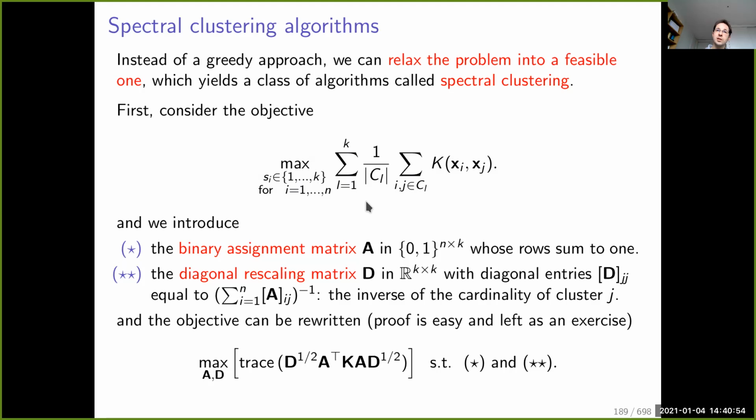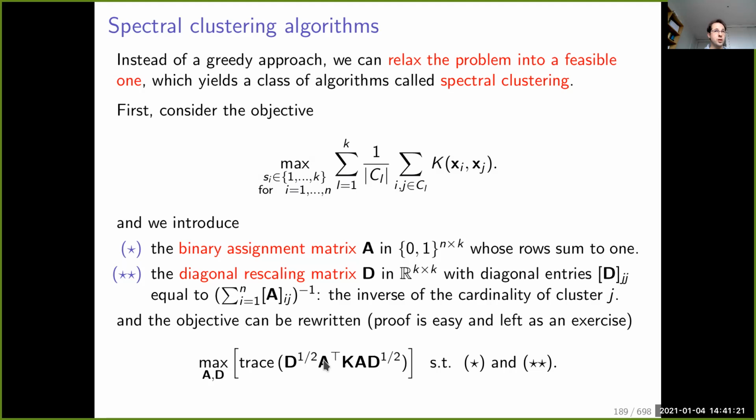Another way of seeing that, using your new notation, is that the diagonal elements of D should be the inverse of the sum of the columns of A. So again, what is the sum of the columns? They correspond to the size of each cluster. So this is the inverse of the cardinality of each cluster.